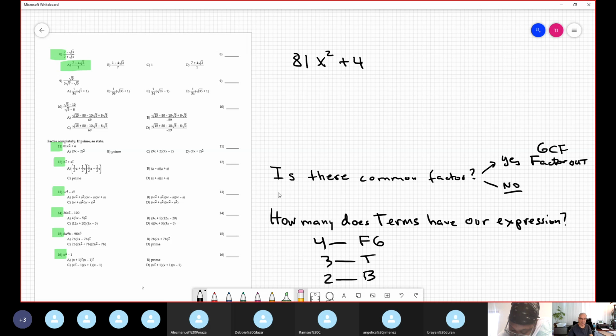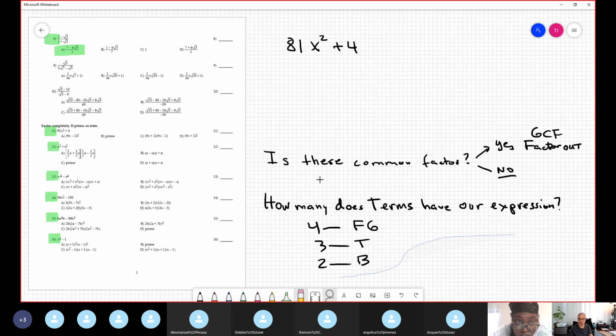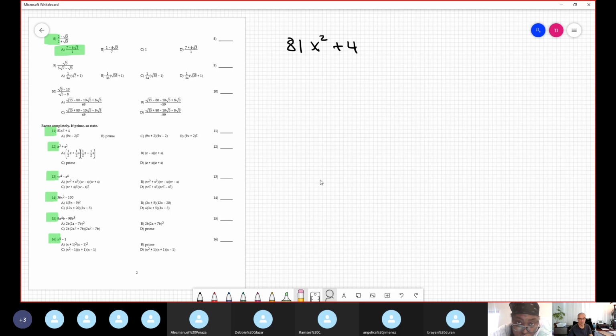But inside the binomial, we have different kinds: difference of squares, difference of cubes, sum of cubes. Let me summarize here. The difference of squares uses the formula we use every day: a plus b times a minus b.